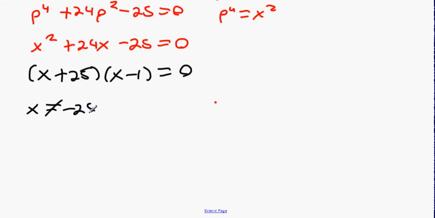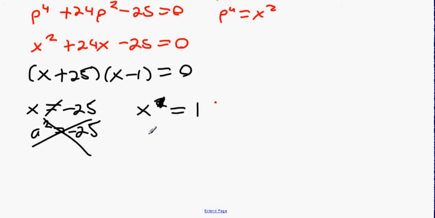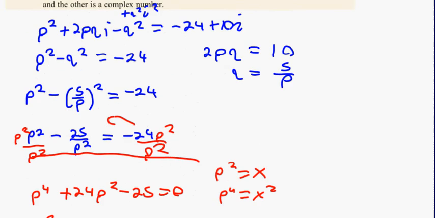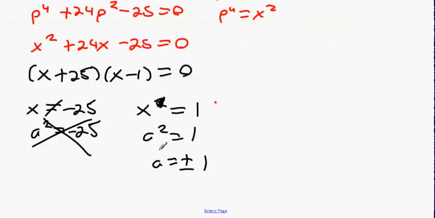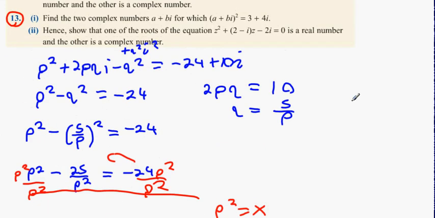X cannot be equal to minus 25, because that means that p squared is equal to minus 25 and these numbers have to be real. So therefore x equals 1, p squared equals 1, and p is plus or minus 1.